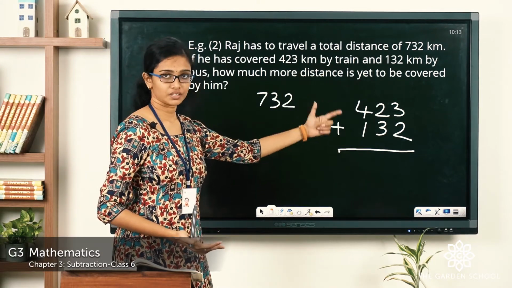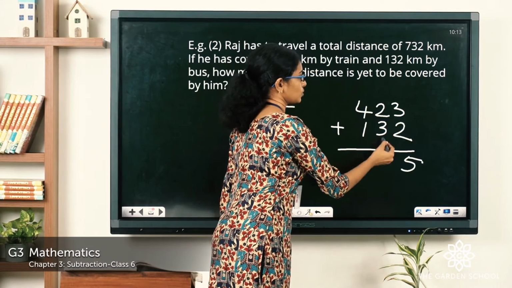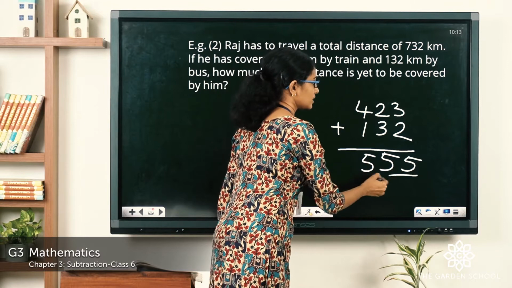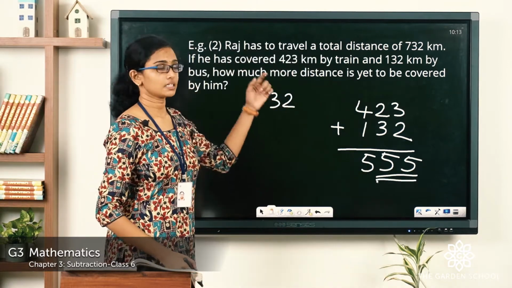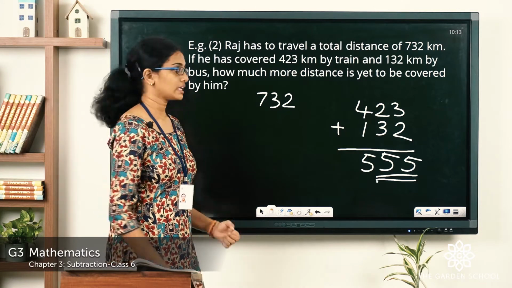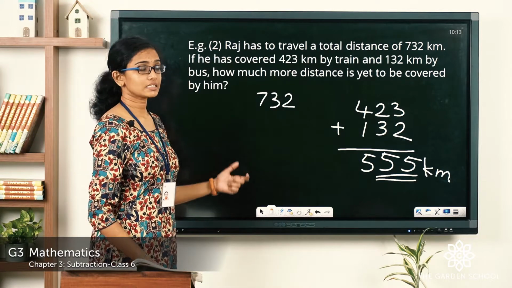Let's add up these two distances. So 3 plus 2 it's 5, 2 plus 3 again 5, 4 plus 1 is 5. So the total distance traveled by train and bus together is equal to 555 kilometers.